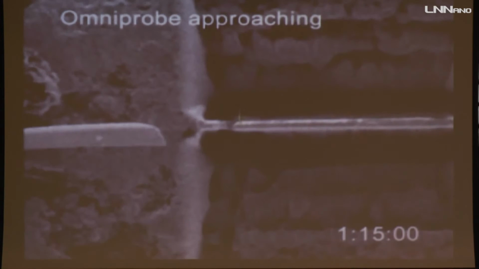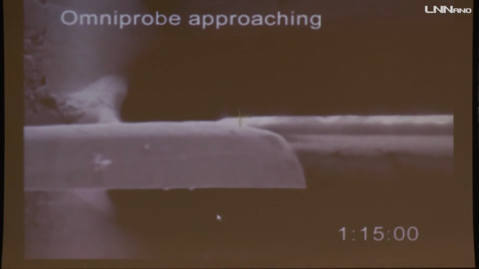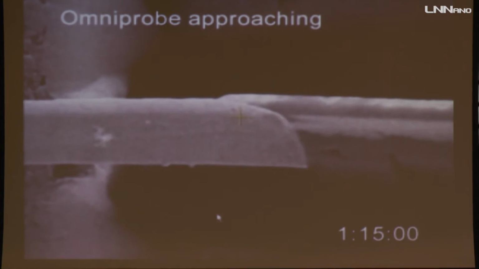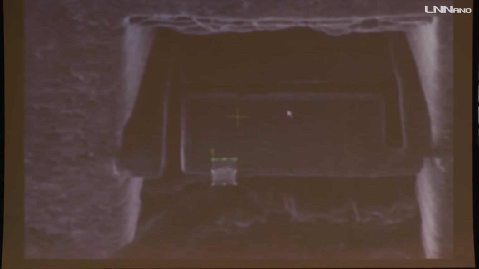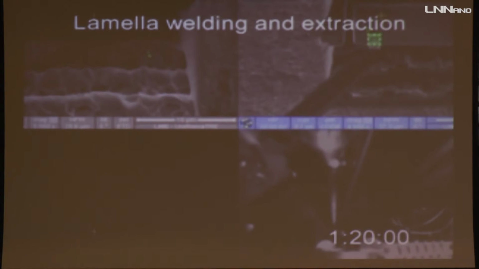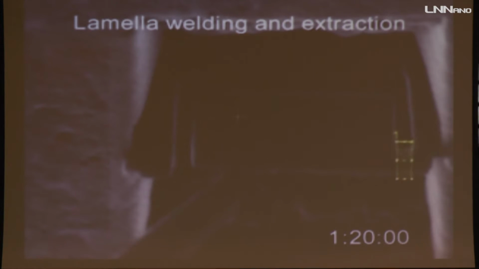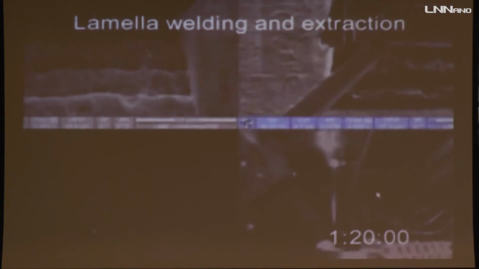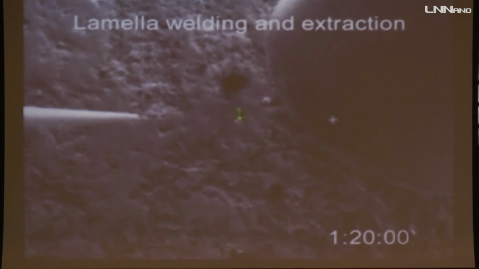We have this precision. It's very impressive. And then you can move the lamella in a micrometer range. You do the welding of the lamella to this manipulator by using an organometallic of platinum, the same as for the first bar. And then you cut it out and extract the lamella.